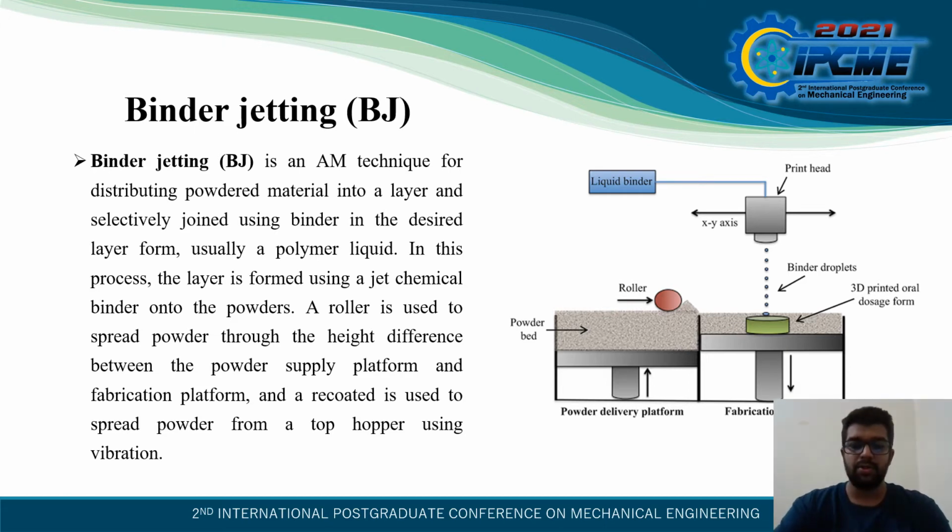In bi-directional processing, we print the material in two forms, liquid or otherwise powder. Here, a roller is used to sinter the material and form the final product.